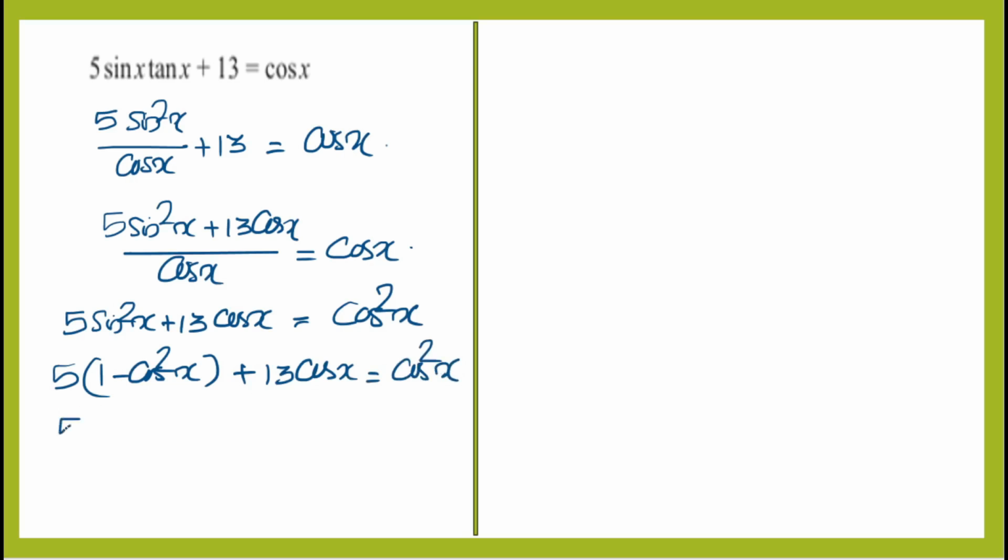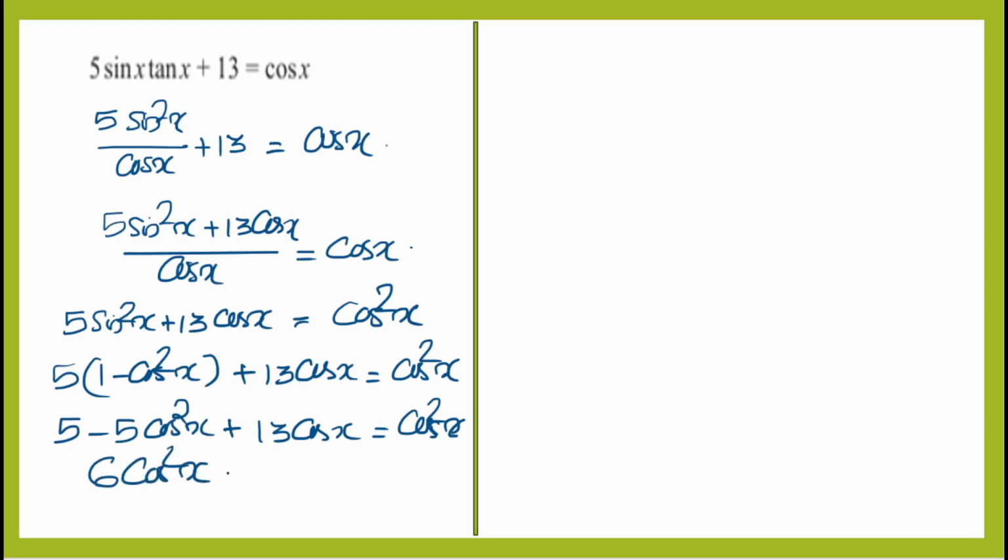Now expanding, 5 minus 5 cos square x plus 13 cos x equals cos square x, that equals 6 cos square x minus 13 cos x minus 5 equals 0.